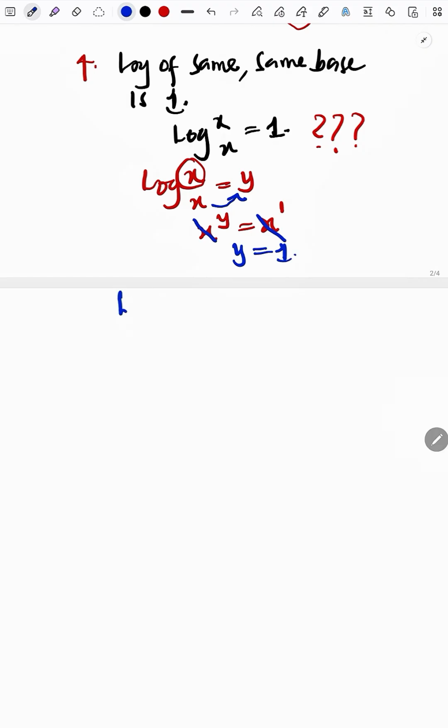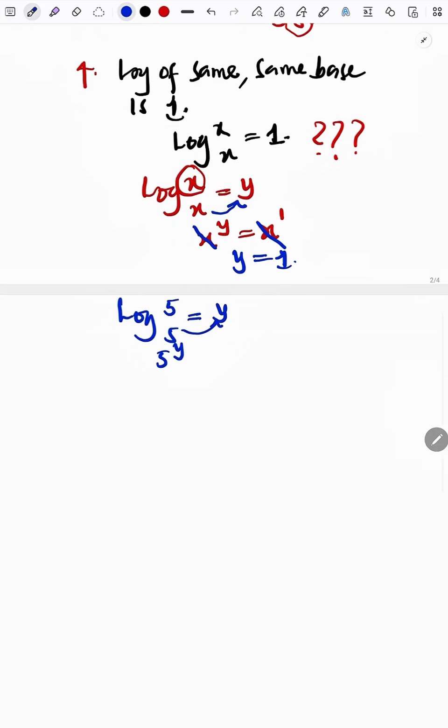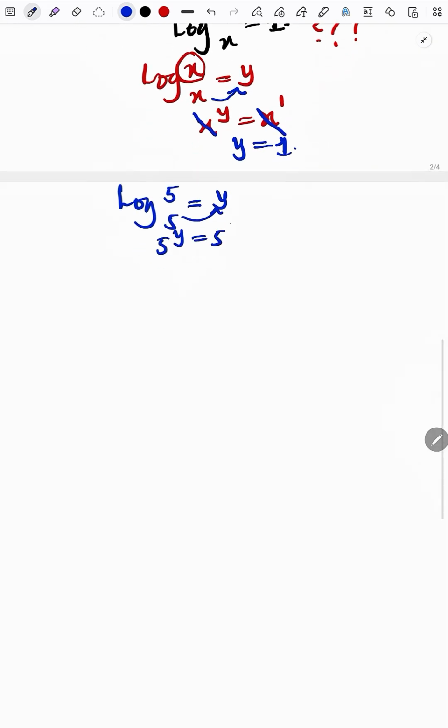Another example, let's say log 5 base 5. We assume it is equal to y. Therefore, converting this logarithm to its indices form, this becomes 5 raised to power y is equal to 5 raised to power 1. Equating bases, y is equal to 1. No matter the case, your answer would always be 1. For instance, let's say we have log 1000 base 1000.